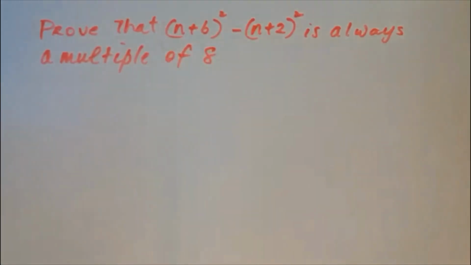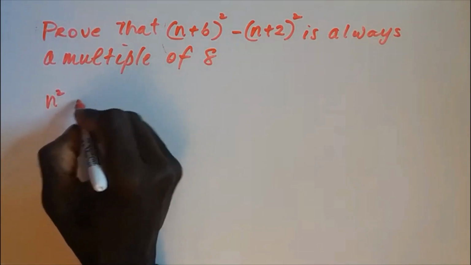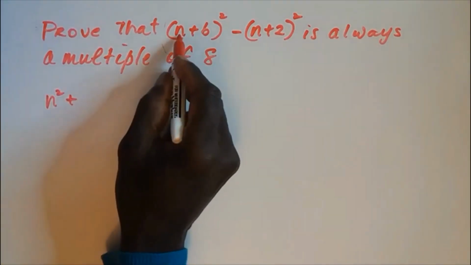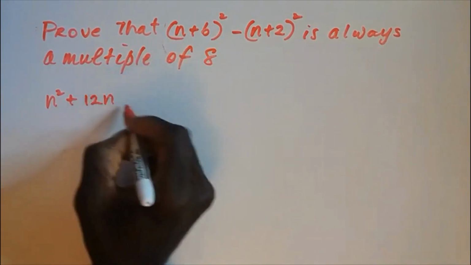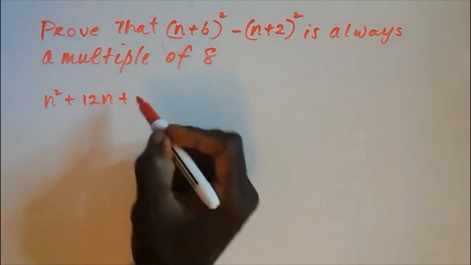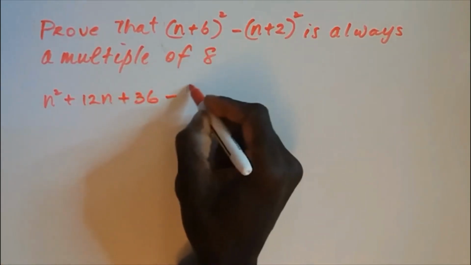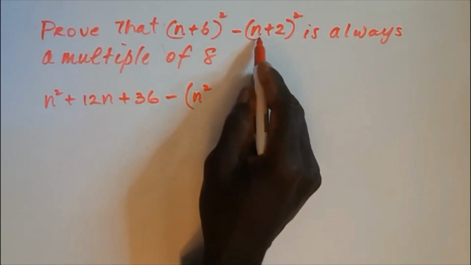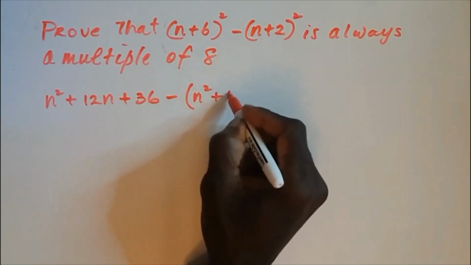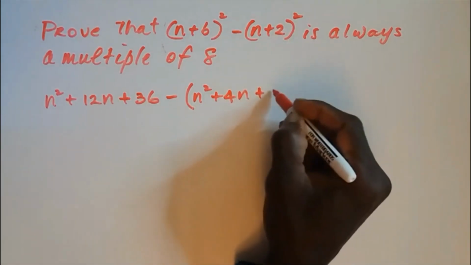Expand n add 6 will give us n squared add 2 times the product of n and 6, that's 12n, add the square of 6, which is 36, minus, and we'll square n add 2 here, give us n squared, 2 times the product of n and 2, which is 4n, add the square of 2, which is 4.